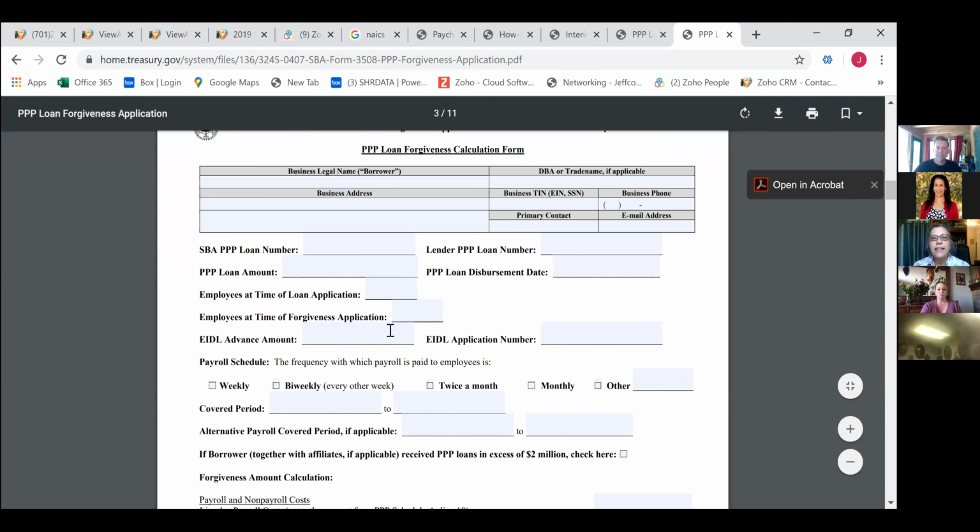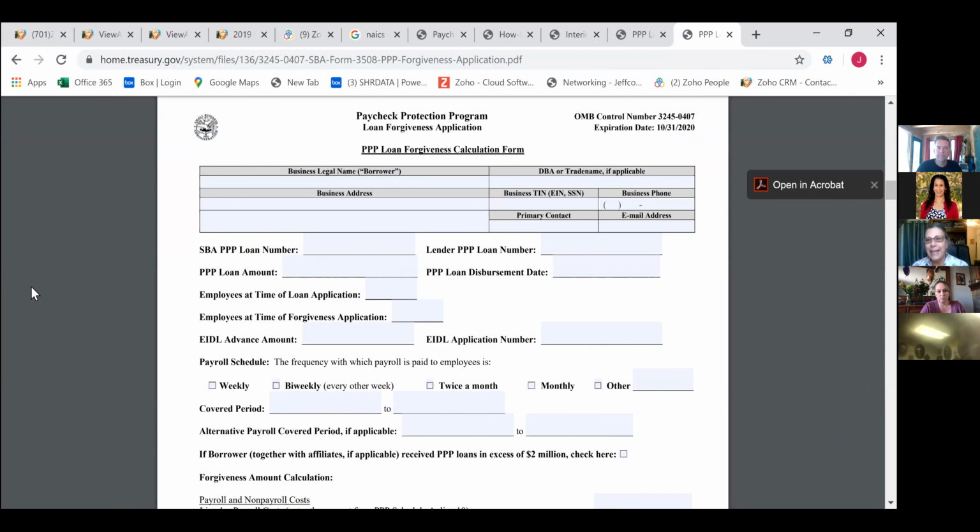So this is the actual application form, the application to forgive the money you've received through the PPP. And this is where that 75% comes in. As you can see, the first part is pretty easy. It asks for just a few things.